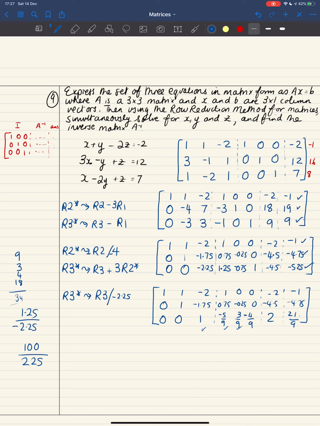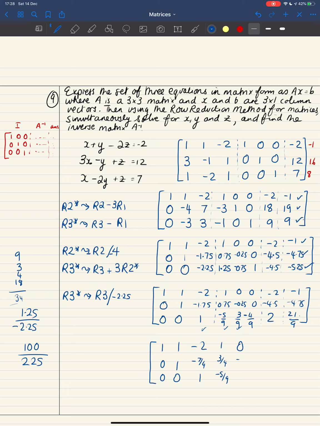Right, so the next one, I'm going to change the second row to fractions. So 1 3/4 is 7/4. That's a 1. That's 1 3/4.